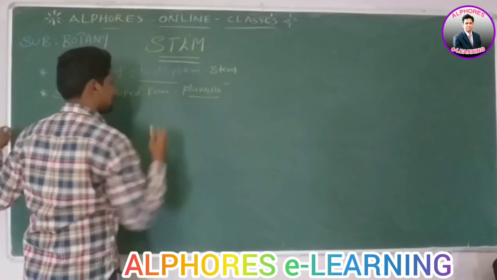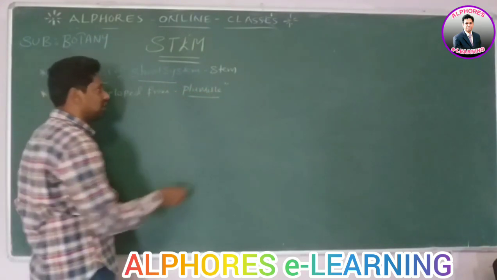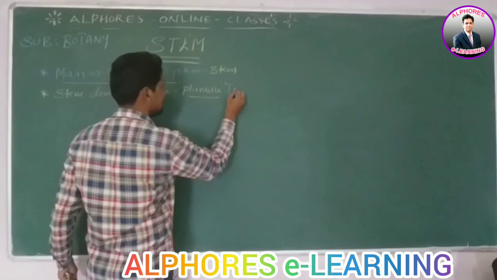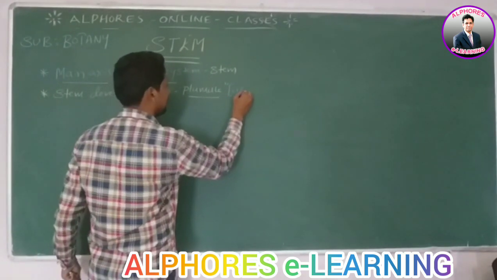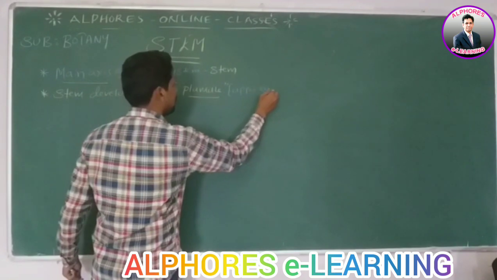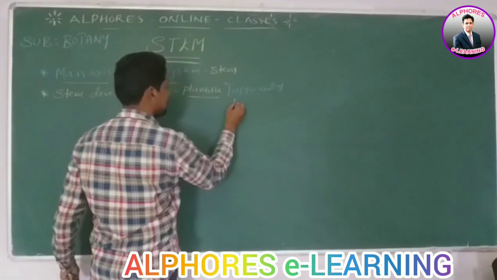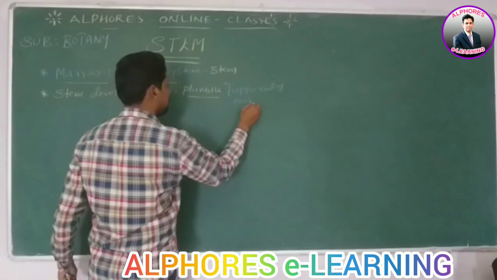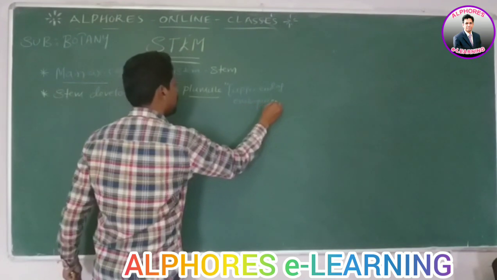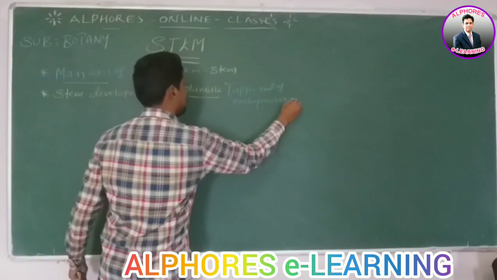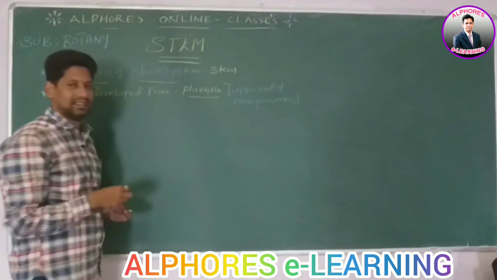Plumule means what? It is an upper end of embryonal axis, right? Upper end of what, sir? Upper end of embryonal axis.